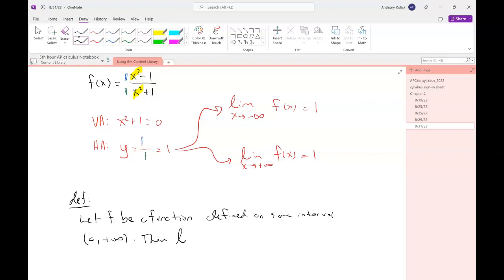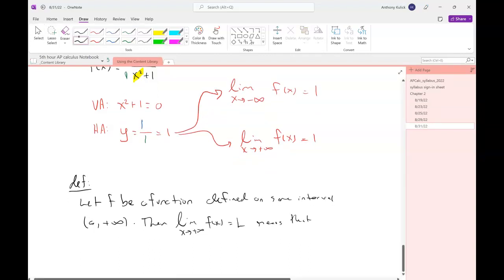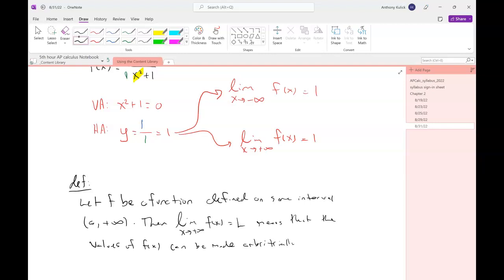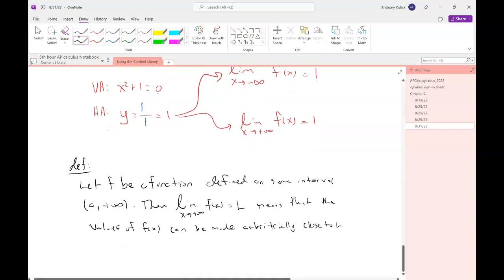Then the limit as x approaches positive infinity of f of x is equal to L means that the values of f of x can be made arbitrarily close to L by requiring x to get sufficiently big.